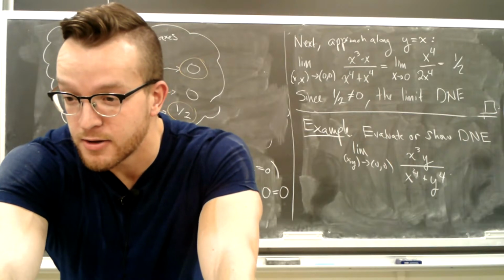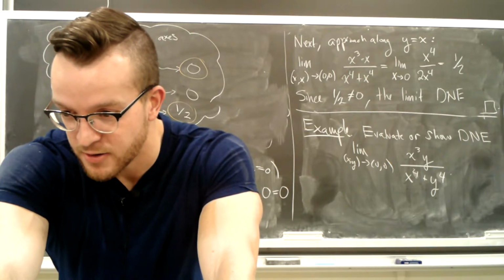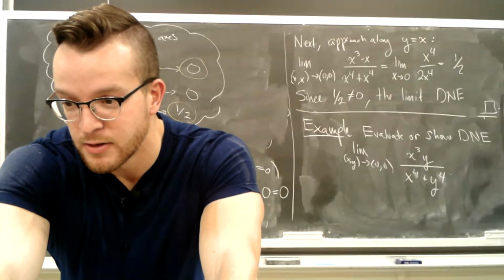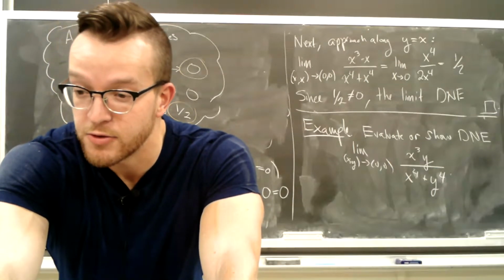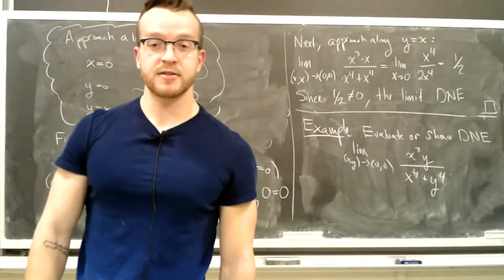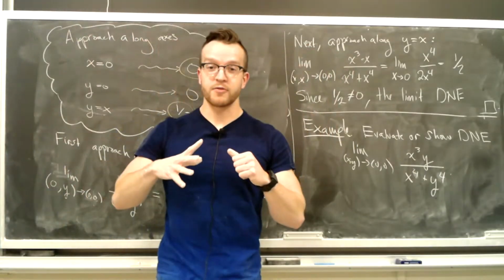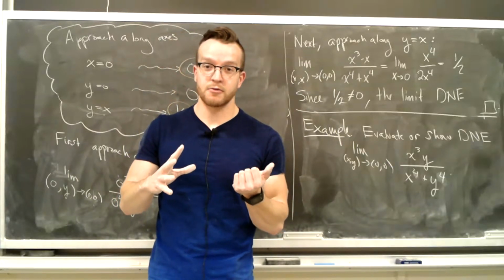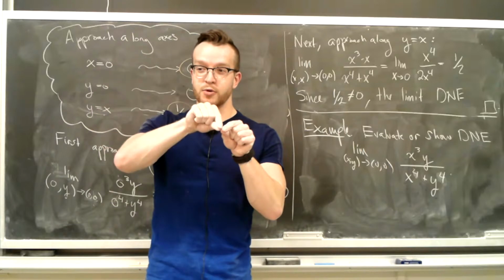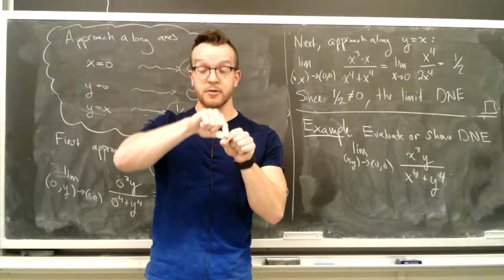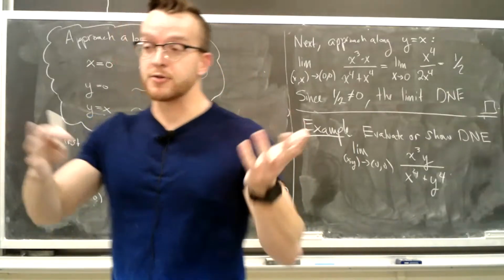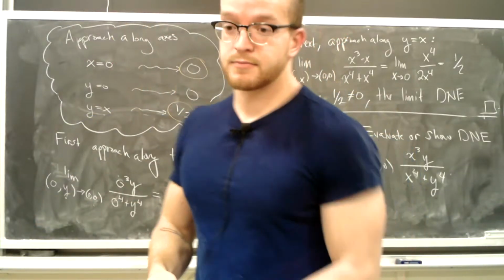So we could approach along y equals mx here. The only thing you have to be careful about is that if you approach along y equals mx and you get 0 for all of them, for example, that still doesn't mean that the limit is 0, because only approaching by linear paths is not quite sufficient. So you could do that, but yeah.